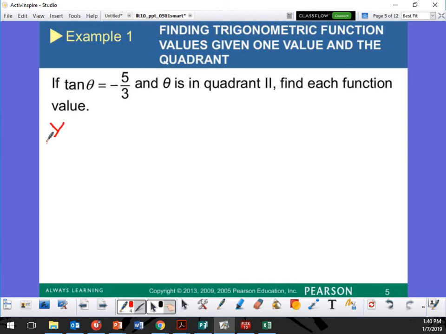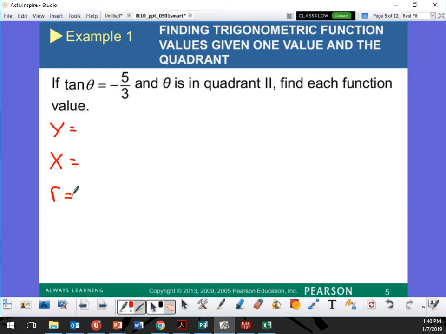So I have y, and I have x. So what's the third thing that I have to find? x, y, and r. We did these problems already. This is just a refresher on this.